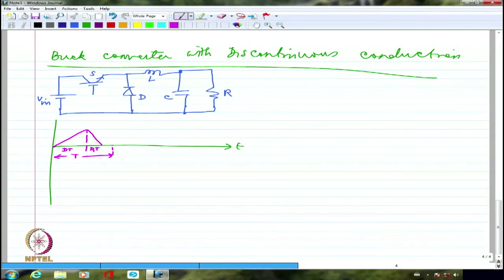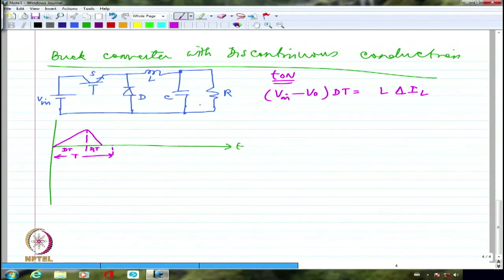So under this condition, I have to write during on interval, we wrote this earlier also, V in minus V naught, right? That is what was VL. So this multiplied by dT equal to L delta IL, right? And we are going to have actually the other condition. Whatever is my V naught, that is equal to VL.